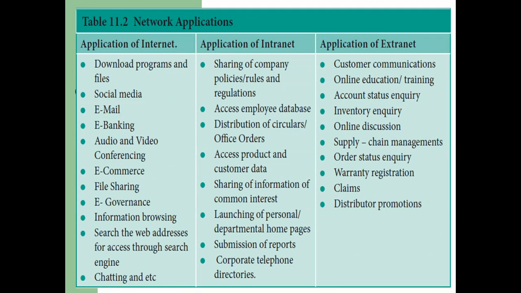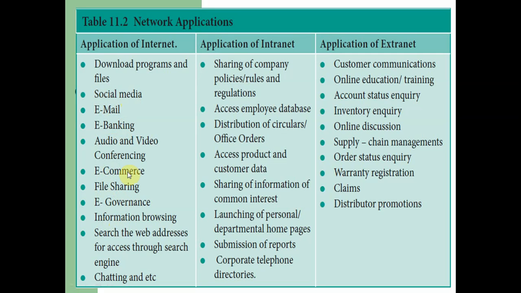Now we are going to see the applications of these networks. First one, applications of internet, where we use the internet for: downloading programs and files, social media like Instagram, Twitter, Facebook, email, e-banking, audio video conferencing, e-commerce, file sharing, e-governance, and information browsing.